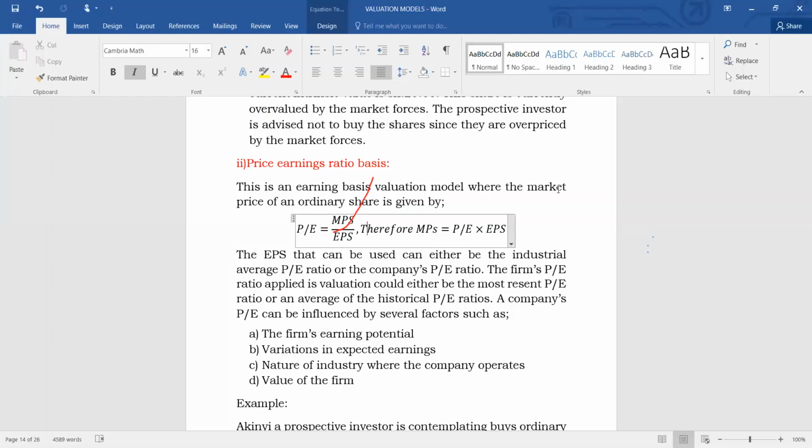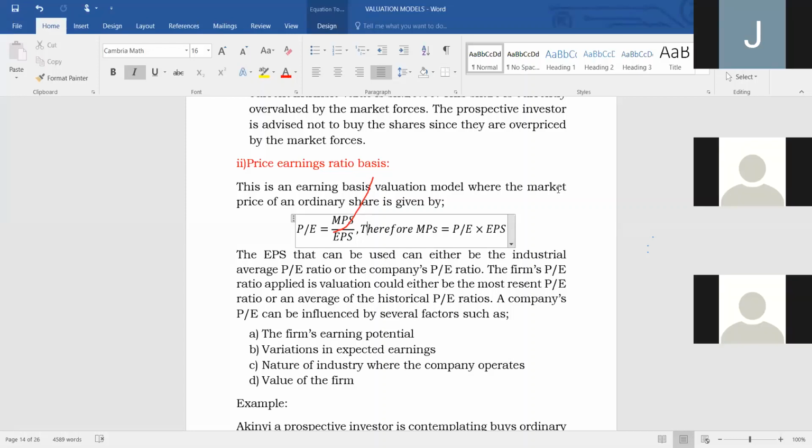Otherwise, in the absence of historical figures, the most recent earning per share of the company should be used. That's very important.